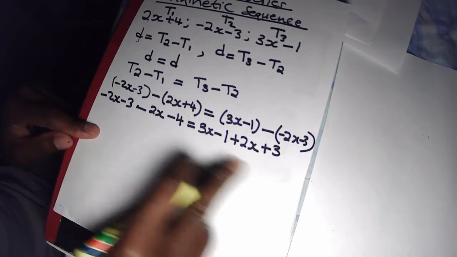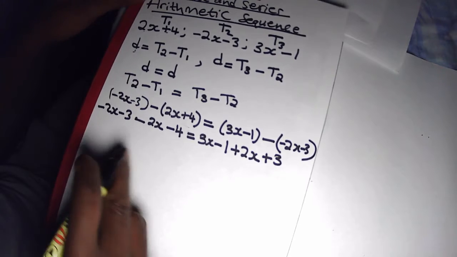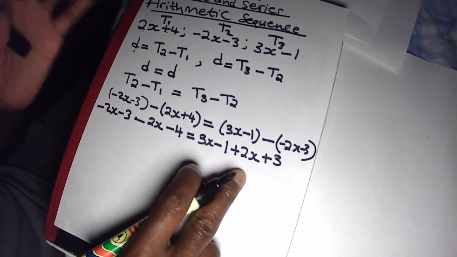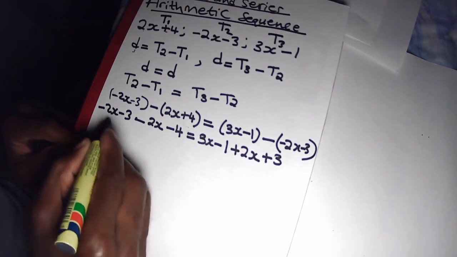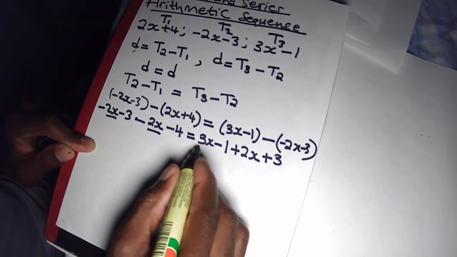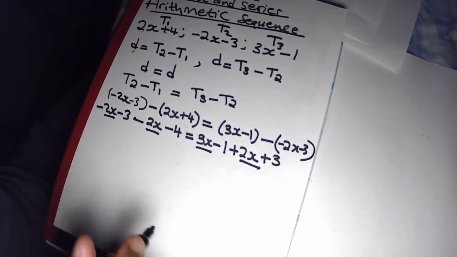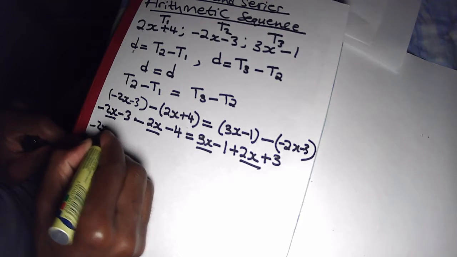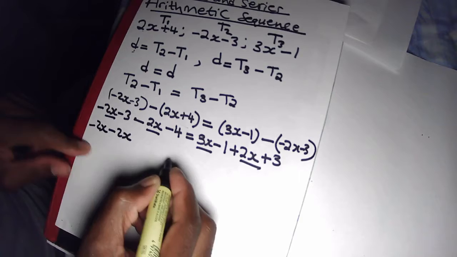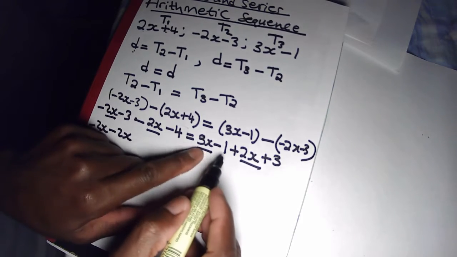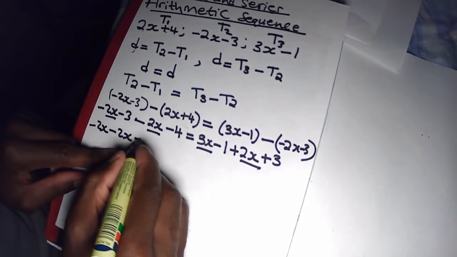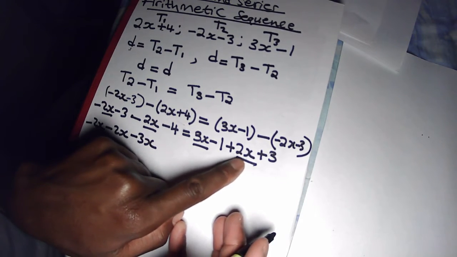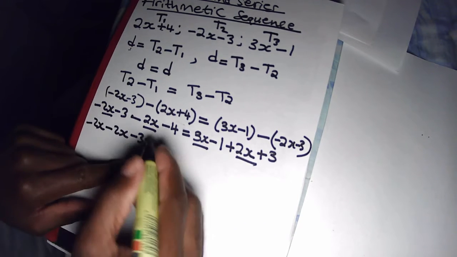Now let us try to put the like terms together. I'm going to put the numbers with variables on the left hand side. So we have this, that, and that. We put it on the left hand side. Negative 2x, negative 2x. We're going to subtract these 3 on both sides, and subtract positive 2x on both sides.